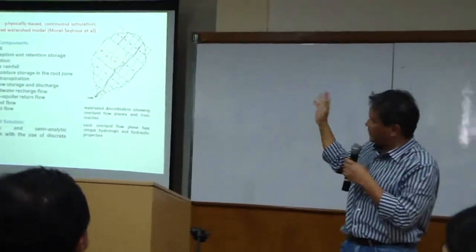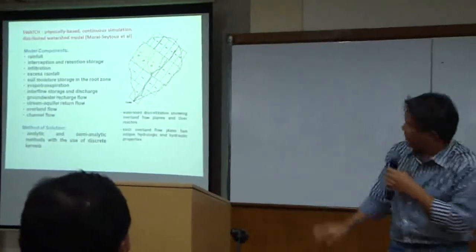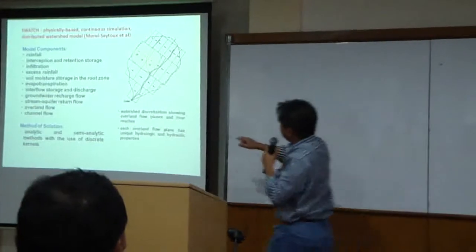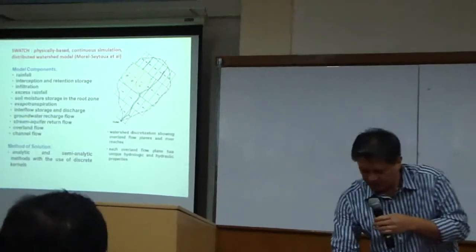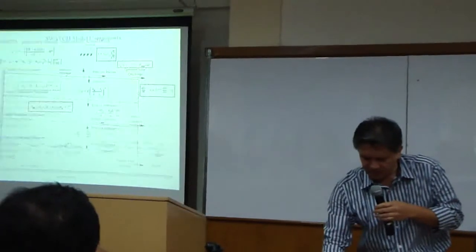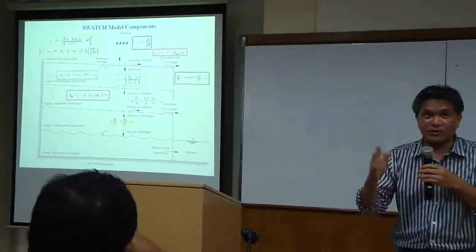It uses these discrete kernels. So that's how it looks. For each of these subbasins here, you can look very quickly at the schematics of the summary of equations involved. So that's for graduate students especially.